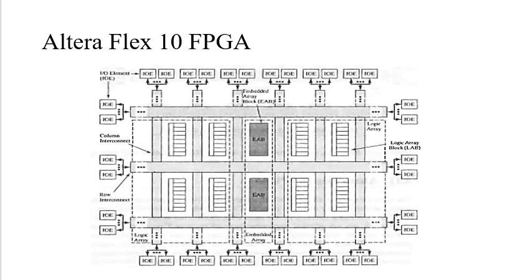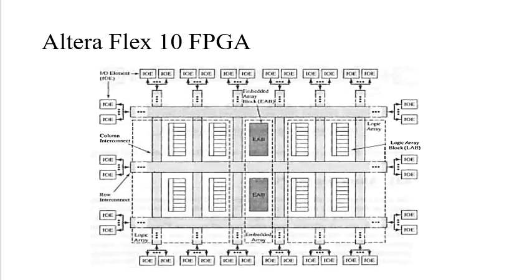When comparing these two, the EAB, the embedded array block, has been inserted here with respect to the Altera Flex 8000 FPGA. This embedded array block is a memory element used for storing the design, the bitgen foundation, which should be stored for programming the FPGA.